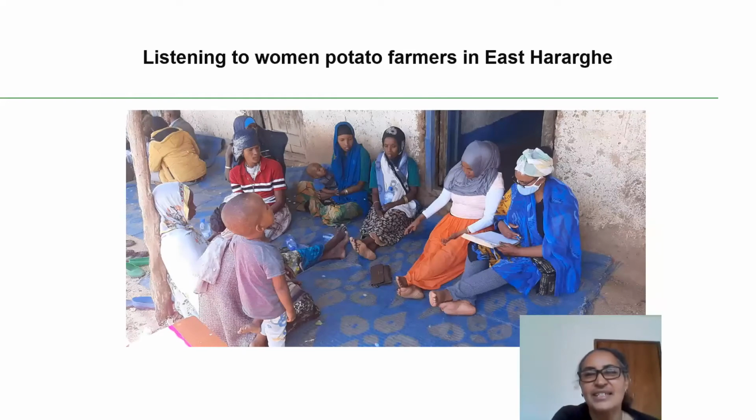In this slide, I am having a focus group discussion with women farmers in one of the kebeles in East Hararghe. Sometimes we found it necessary to have a separate discussion with women farmers alone so that they can express themselves freely and we get detailed information from them.